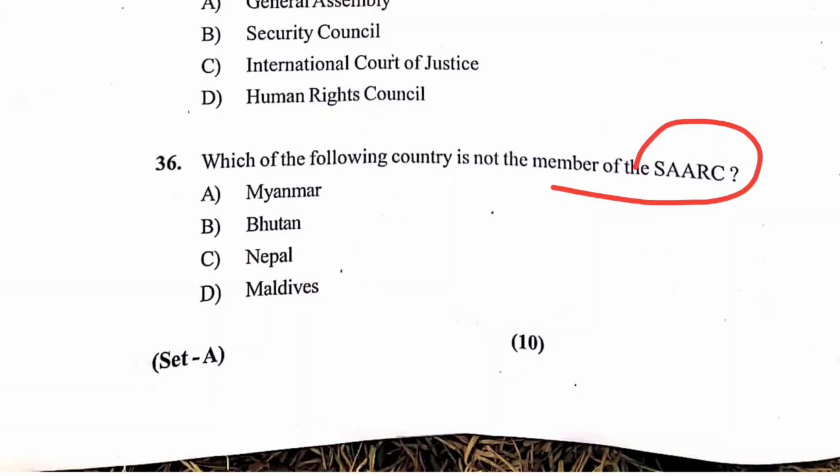South Asian Association for Regional Cooperation. It has members like Afghanistan, Bangladesh, Bhutan, India. Also Maldives is a member, Nepal, Pakistan and Sri Lanka. So here we don't have Myanmar as a member of the SAARC.